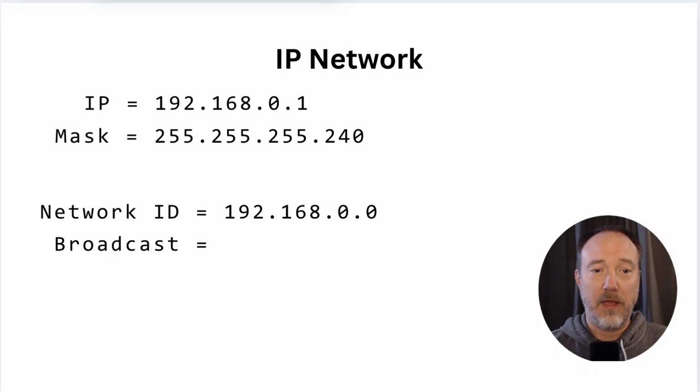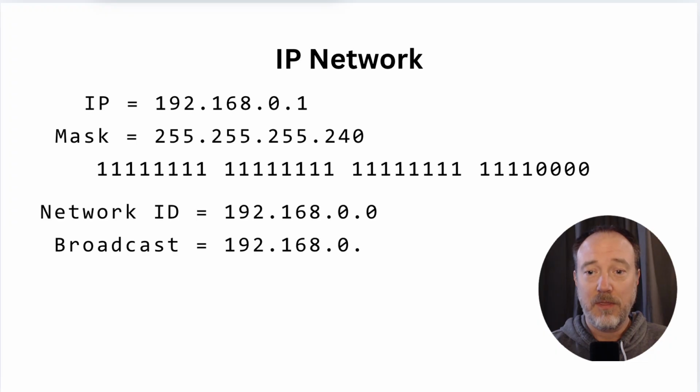If we write out all 32 bits of the subnet mask, it would look like this. So lots of ones there and then 4 zeros at the end. It's still 32 bits. So we can see that the last 4 bits are the host bits. The network ID is when all host bits are zeros, and the broadcast address is when all the host bits are ones.